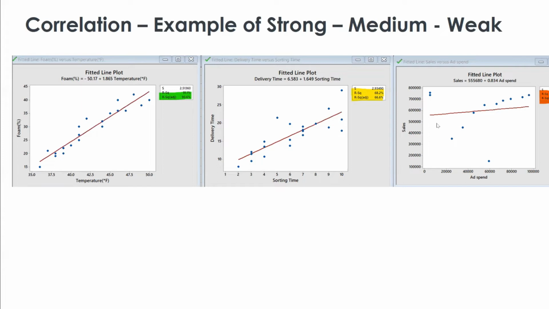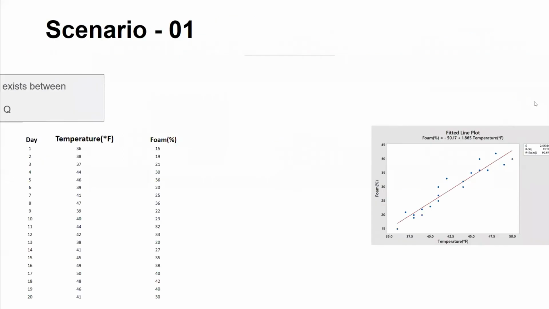If there is no correlation, the points will be very much away from the slope line. In this example, there is not a single point touching the slope. It has completely drifted away from the slope line, so that means weak correlation. This is an example of strong, moderate, and weak correlation.